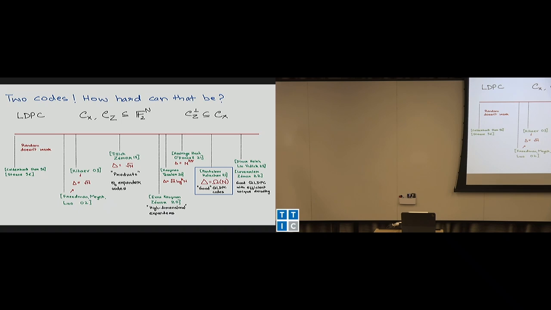You basically take a product of two classical codes, roughly some sort of a tensor product, to get these two codes with these properties. So you take two classical codes, each of which has distance some constant times n, with block length n. When you take a product, you get codes which have block length n squared, but the distance remains n. So it's the square root of the previous one.